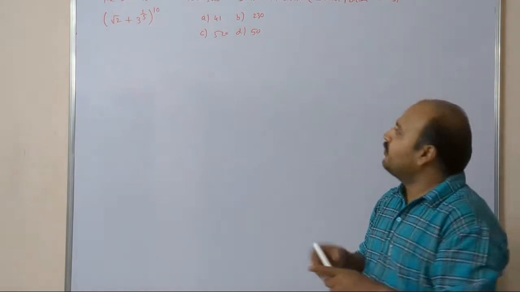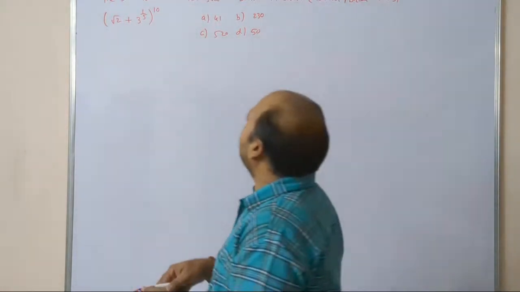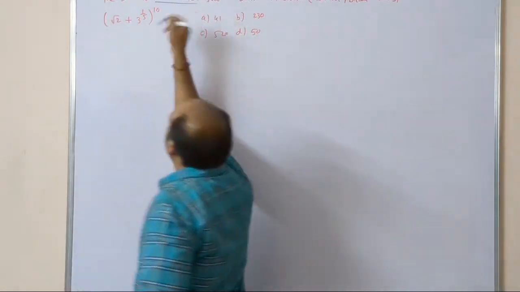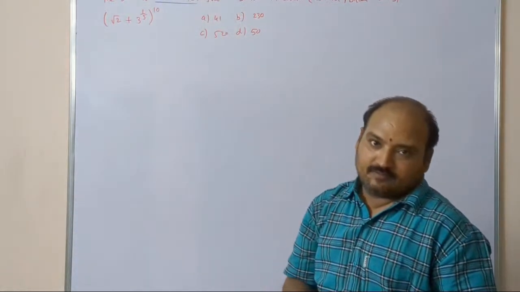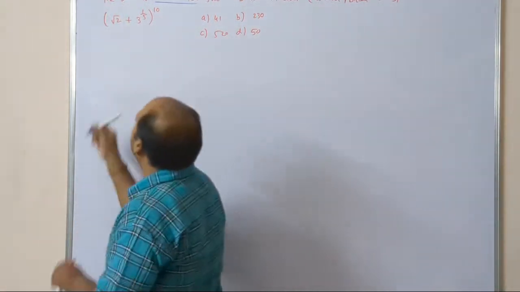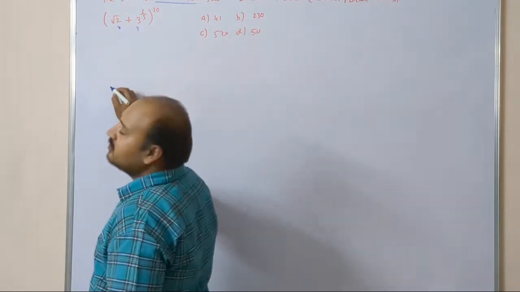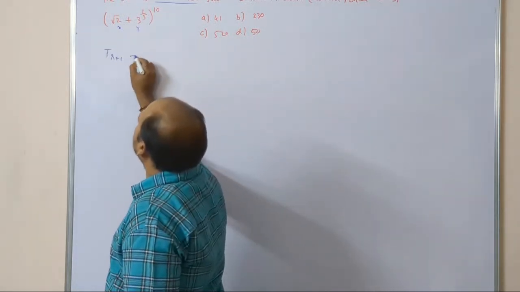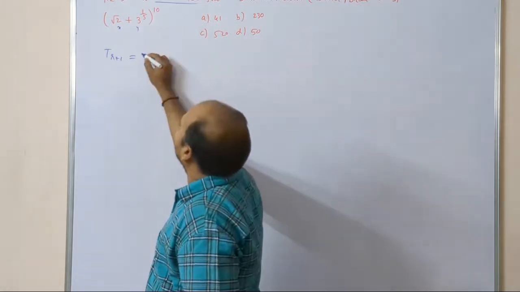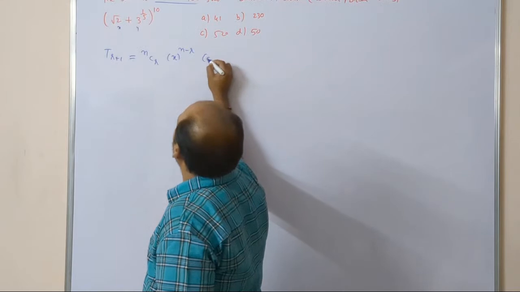So how to find out these type of questions? Sum of rational terms in this expansion. So find out the general term of this series. This is x, this is y now. T(r+1), n is equal to 10, nCr x power n minus r, a power r.